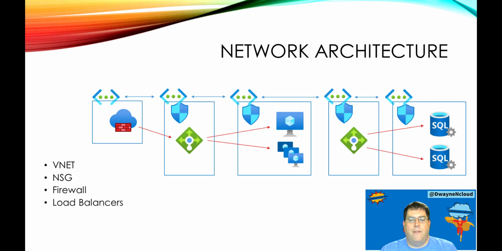Within those VNets, we have our NSGs that provide additional allow and deny rules within our network for what's going to be allowed. But we're allowing that VNet to VNet peering, and we also have load balancer rules already built in.